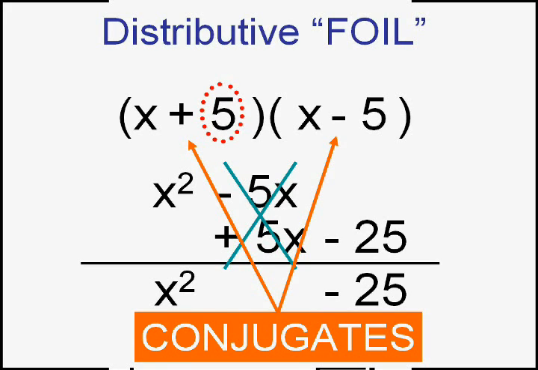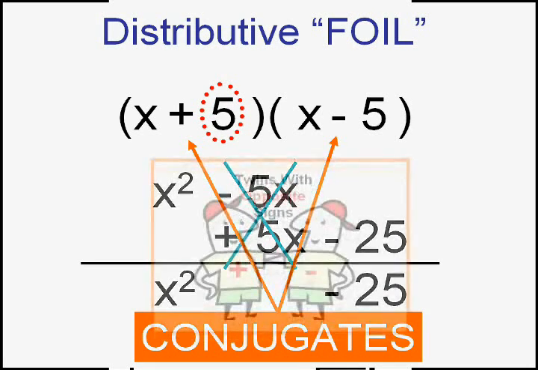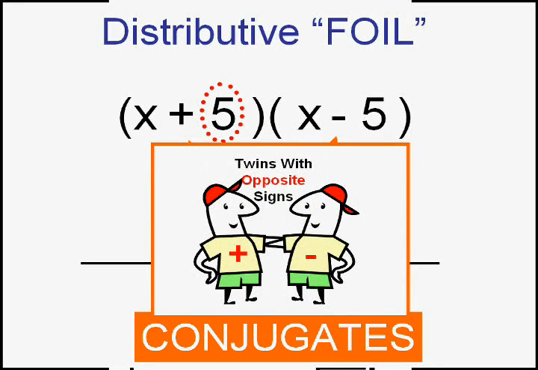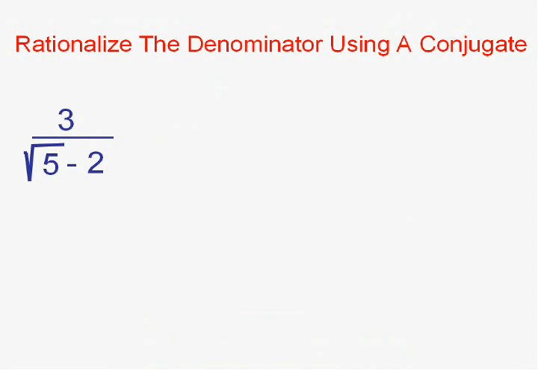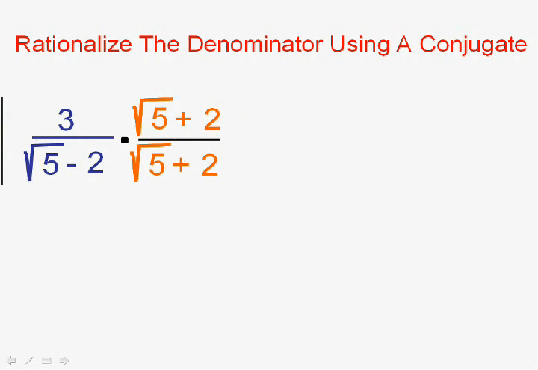Pluses and minuses are another way of saying conjugates. Conjugates, basically, are twins, but they're an odd couple. They're twins with opposite signs. So, to rationalize the denominator using this conjugate idea, we're going to multiply the numerator and denominator by the conjugate.